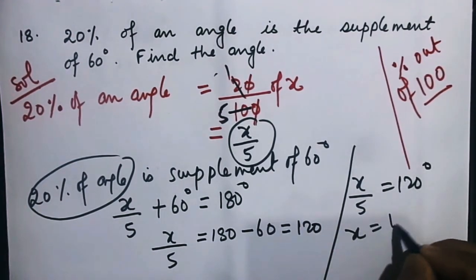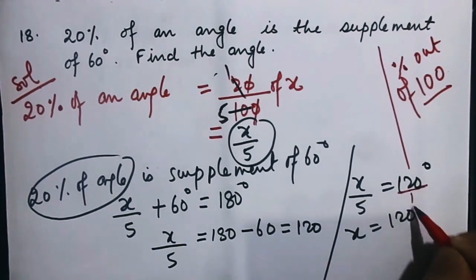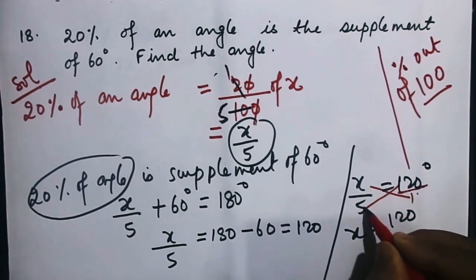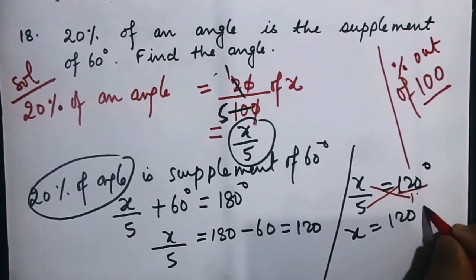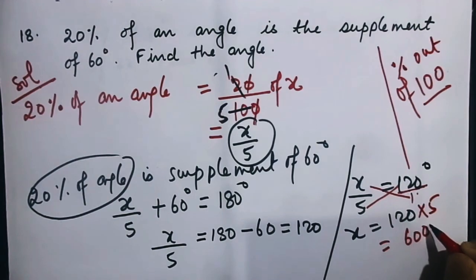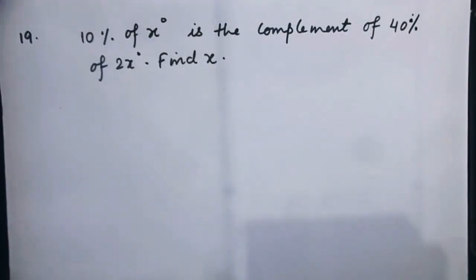Therefore x is equal to 120, when we cross multiply it, x into 1 is equal to x. 5 into 120 is equal to 120 into 5 will be equal to how much? 12 5s are 60, 600 degree. Clear? Now the last one, therefore you people needn't worry about.